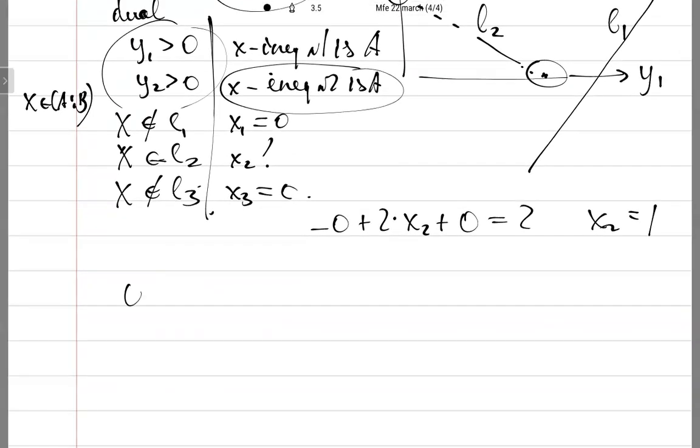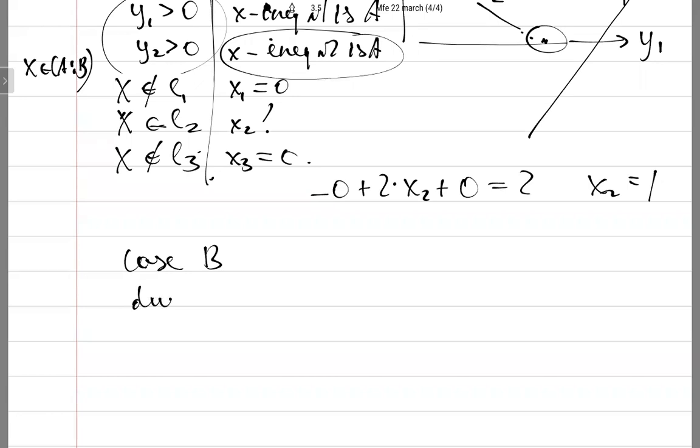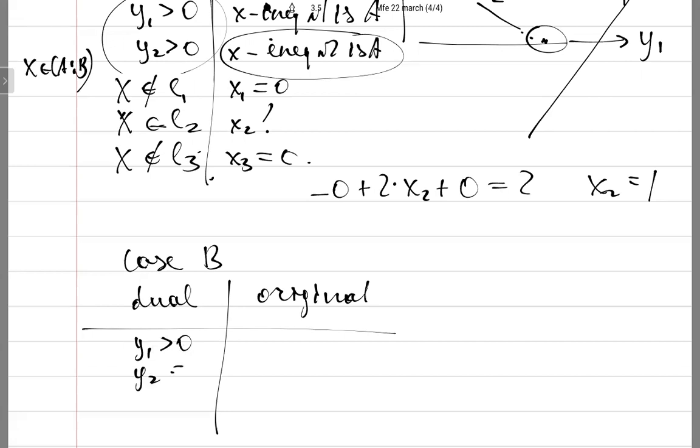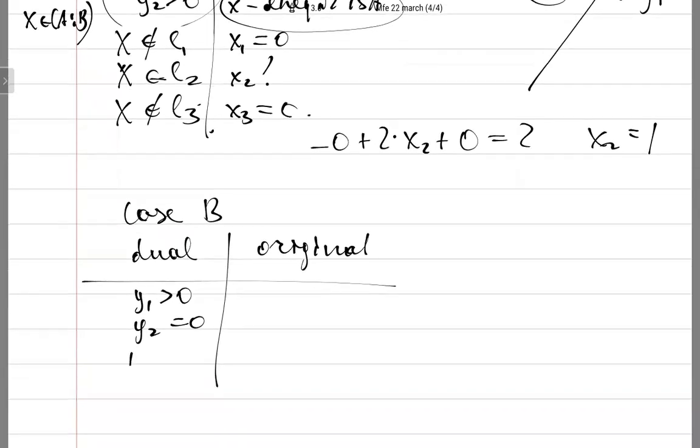And basically, if I consider the case B, I have dual, I have original. I have y1 strictly greater than 0, y2 is 0, B belongs only to L2, and B does not belong to L3, L1.